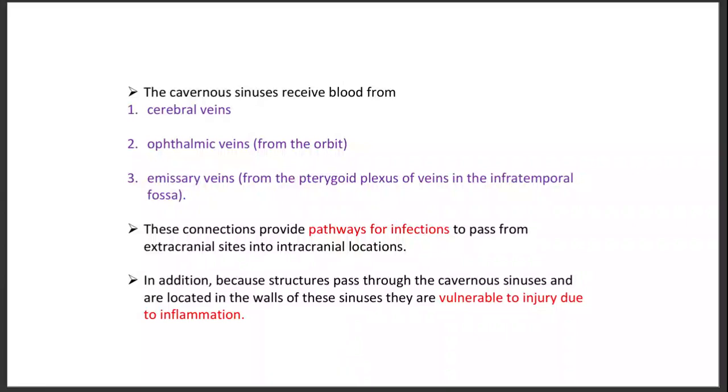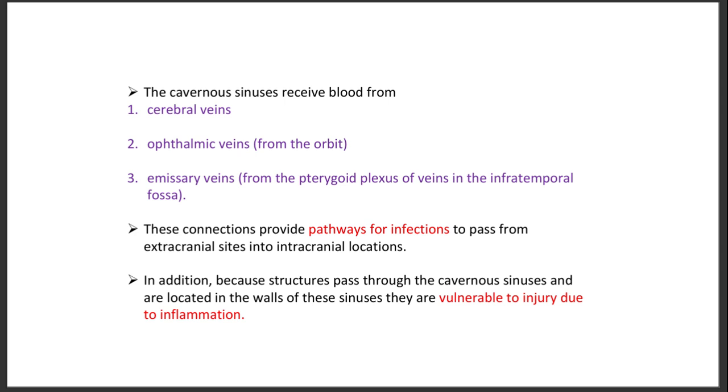So the cavernous sinus, where does it receive blood from? It will receive blood from the cerebral veins, from the ophthalmic vein, specifically it's blood from the eye. That's why infection of the eye can spread to the cavernous sinus. It also receives blood from the emissary veins.